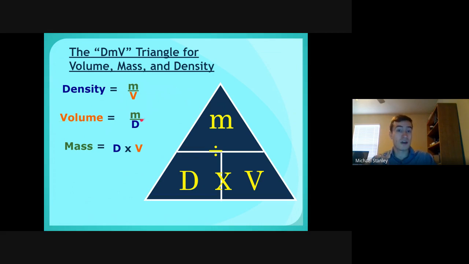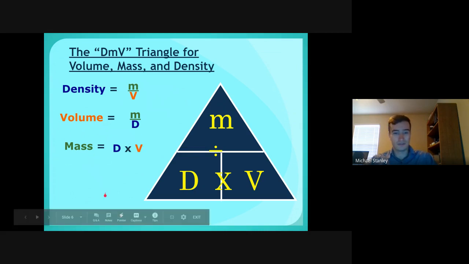So we do mass divided by density is equal to volume. And then finally, if we know what the density is and we know what the volume is, we can figure out our mass. In this case, we can do D times V, density times volume, in order to figure out the mass.